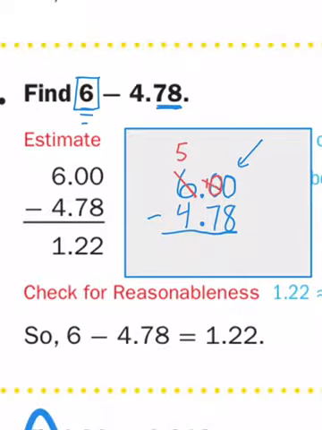I still have to borrow from this 10, which makes it a 9, and put that 1 right here. Now I have 10 minus 8, which is 2, 9 minus 7, which is 2. Bring your decimal down, and 5 minus 4, which is 1. So I have 1 and 22 hundredths.